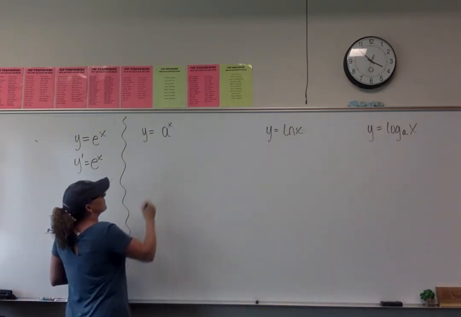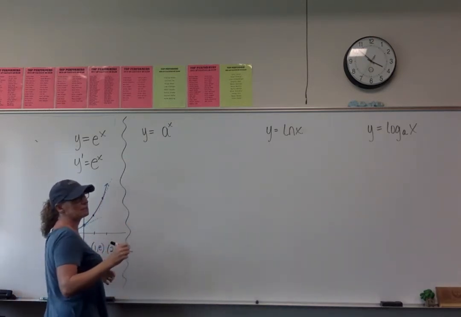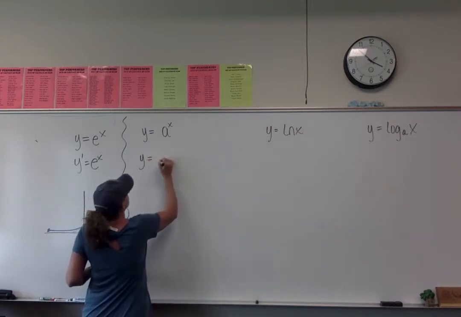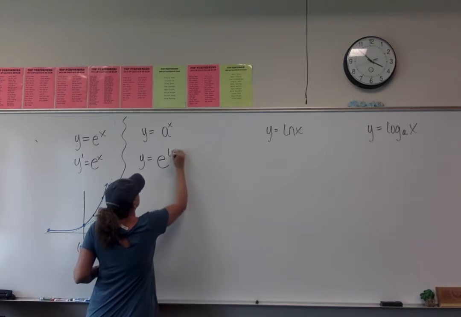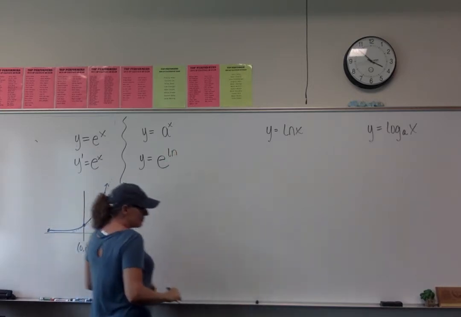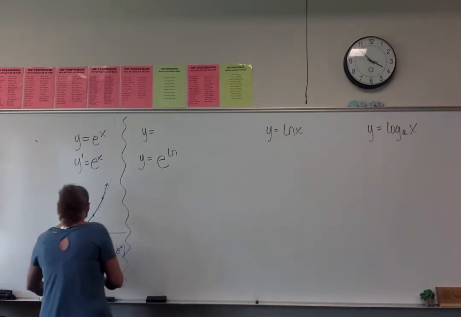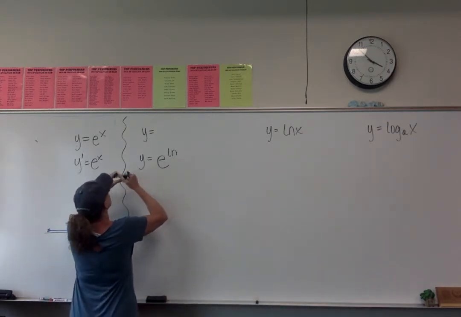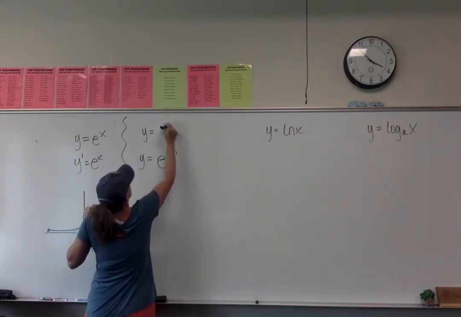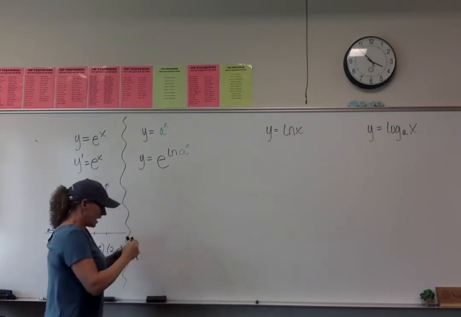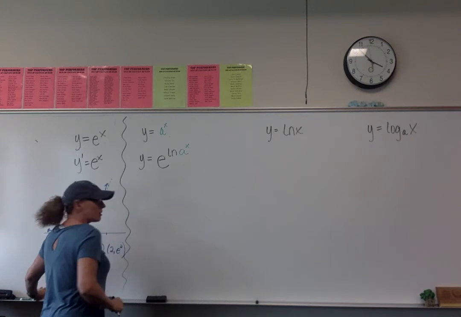Do you agree with me? Okay, this is going to take you really back to some semester 1 pre-cal days. Do you remember how if my function is a to the x, do you remember in pre-cal when you worked with logarithms?